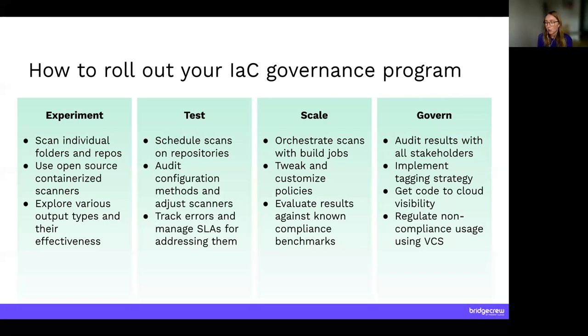And then finally, you'll iterate and start really governing each team, ideally consistently. You should iterate, you should review results continuously. You should be looking at everything very consistently. And I think at this point, you should start thinking about bridging the gap between code and cloud. That might involve implementing a tagging strategy.